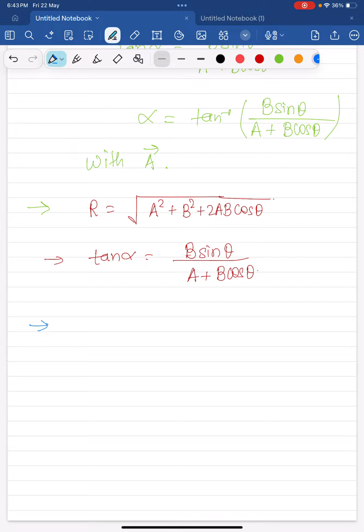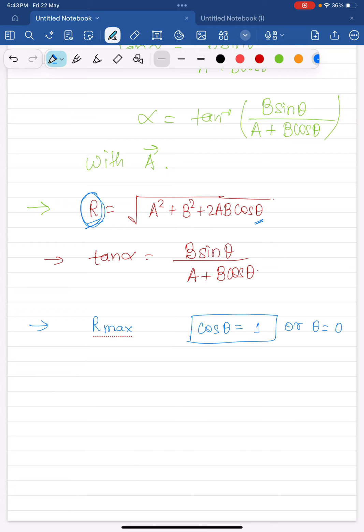Suppose we have to find the maximum value of the magnitude of resultant. If we are considering two vectors a and b, the lengths of a and b are fixed. Now the maximum value of resultant depends on angle theta. R will be maximum when the value of cos theta is maximum, which is equal to 1. So if cos theta is 1, or we can say theta is equal to 0 degree, because we know that cos 0 is 1.